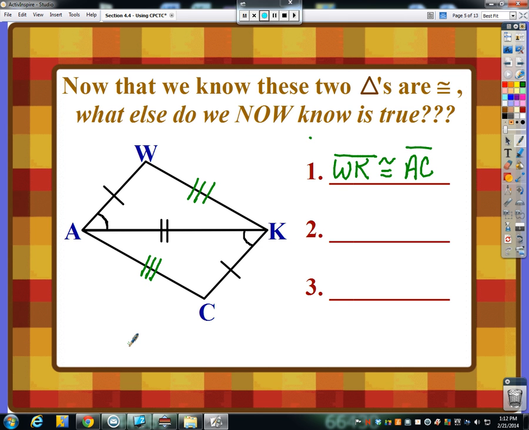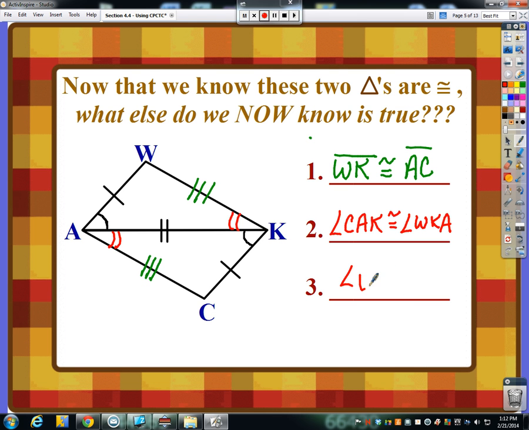Now let's talk about what else is not marked that we can now mark as being true. So we need to move on to angles. This angle, angle CAK, almost cake, must be congruent to angle WKA. That now must be true after we've said side angle side.